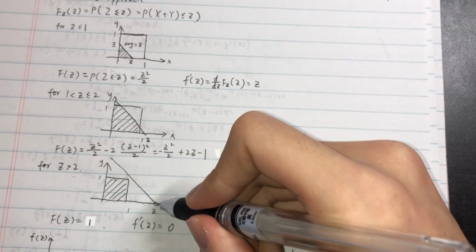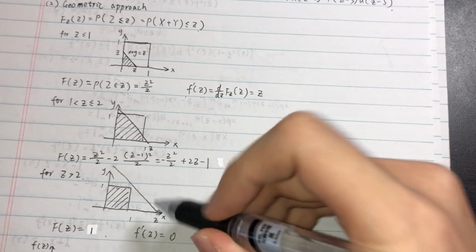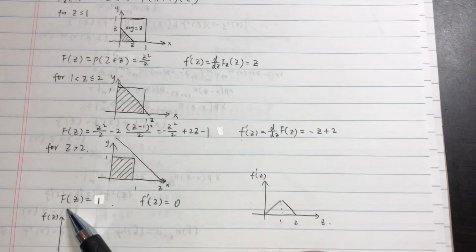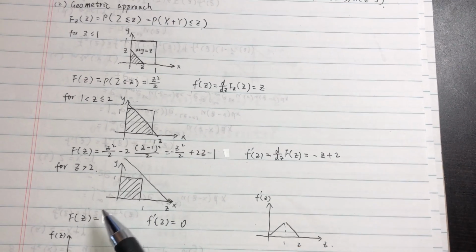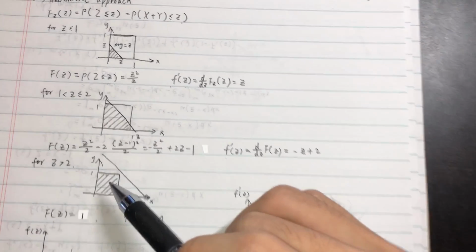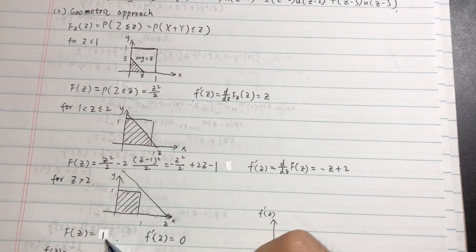And for the last case, for z larger than 2, the probability of x plus y smaller than z is equal to 1.